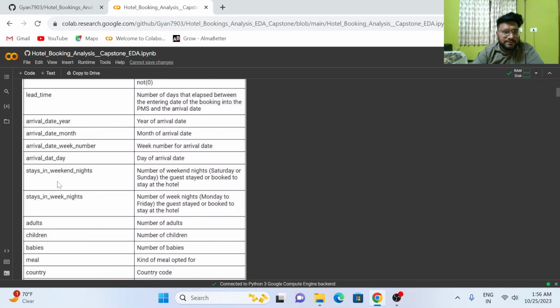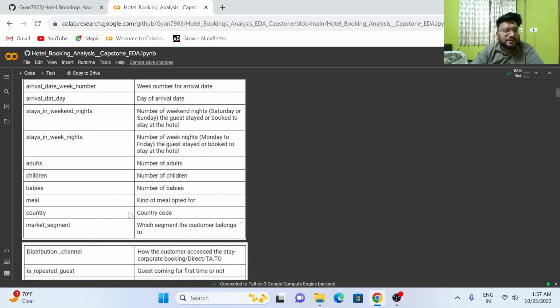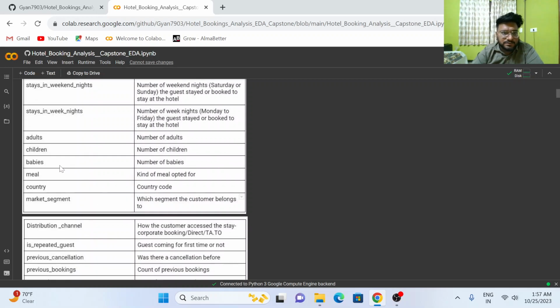Stays in weekend nights will be the number of weekend nights, Saturdays or Sundays, the guest stayed or booked the stay at the hotel. And stays in week nights will be the Monday to Friday days, when the guest has stayed or booked the hotel rooms. So adults will be the number of adults, children will be the number of children, and babies will be the number of babies or infants.